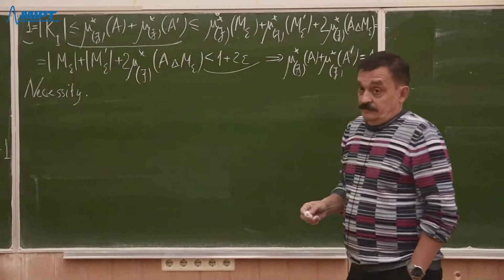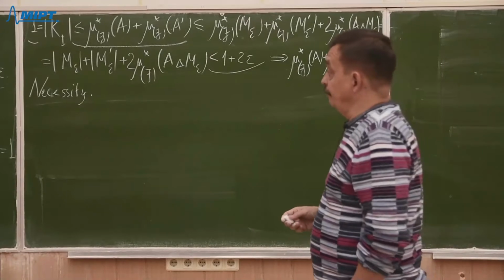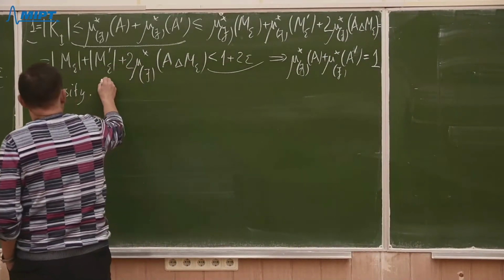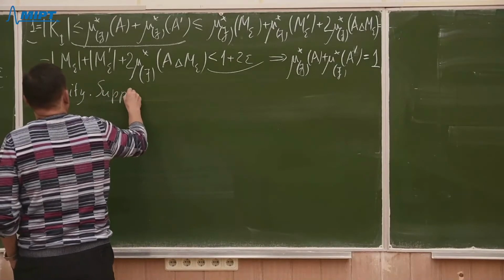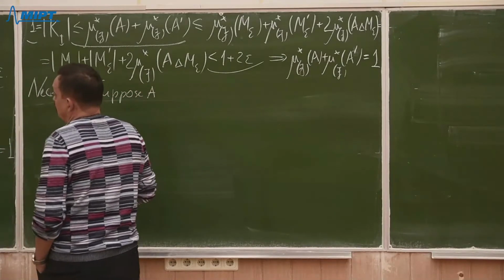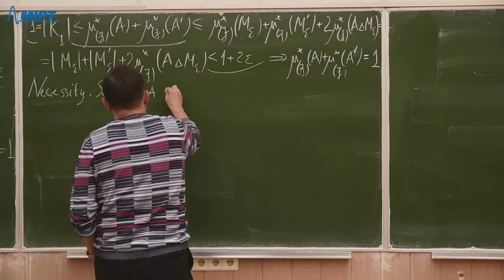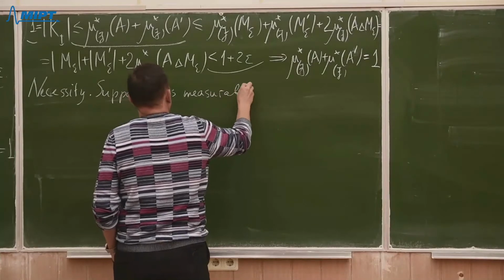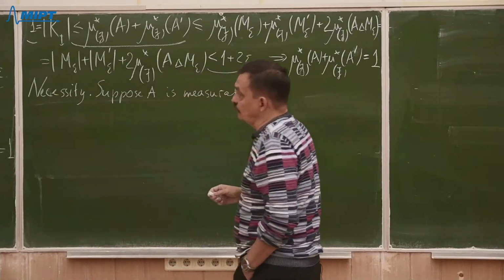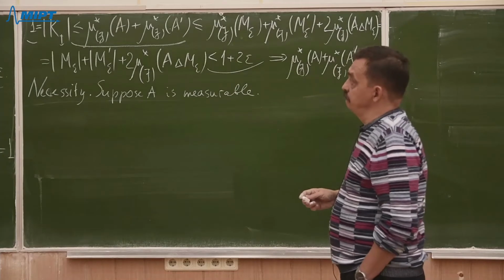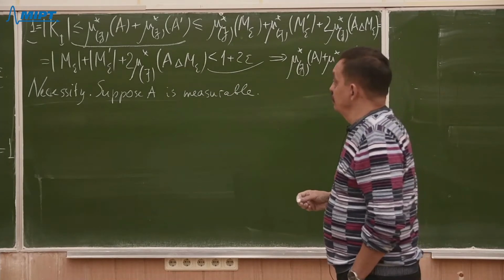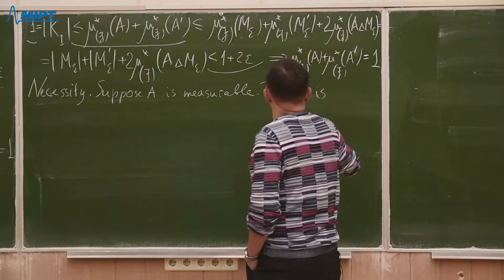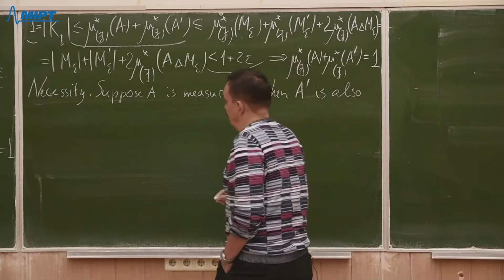Okay. Now we suppose A is measurable. Then A prime is also measurable.